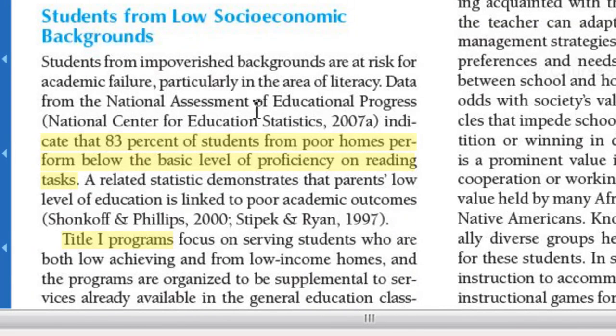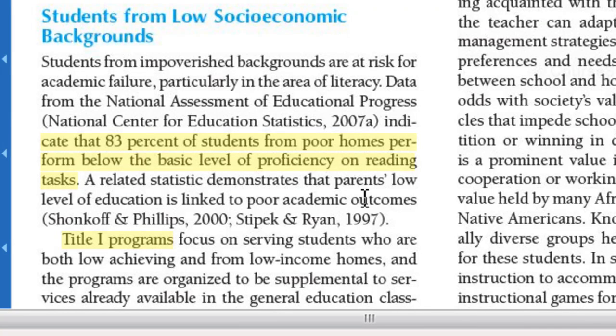Students from impoverished backgrounds are at risk of academic failure, and get this now, particularly in the area of literacy. This is their most likely area to be at risk. Data from the National Assessment of Education Progress indicate that 83% of students from poor homes perform below the basic level of proficiency on reading tasks.